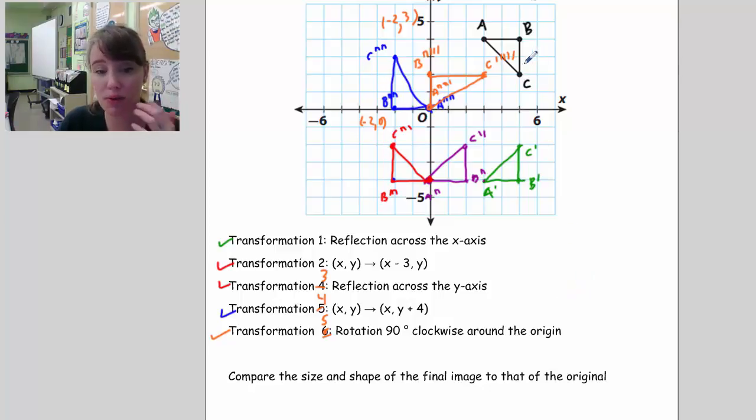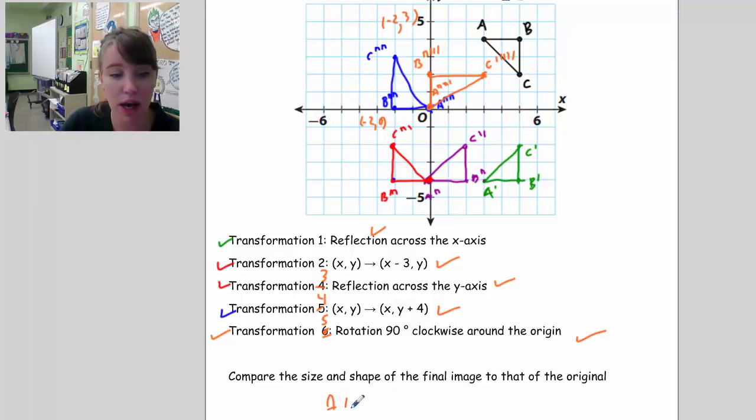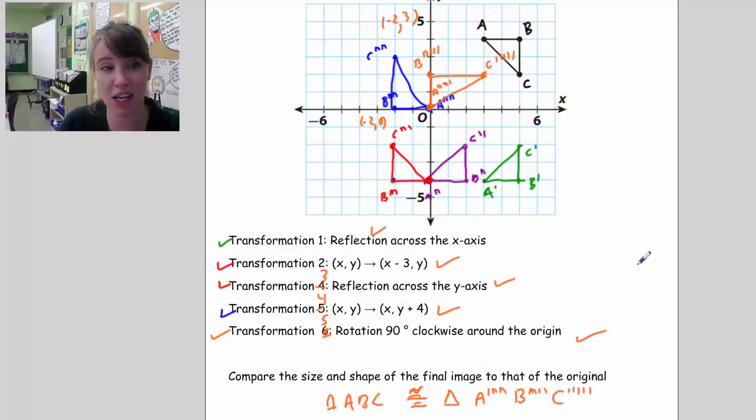Since all we've done is reflect, translate, reflect, translate, rotate, what I can say about the pre-image and the final image is that triangle ABC is congruent to triangle A5 B5 C5. I know that they're congruent because the only things I have been doing are transformations that maintain congruency.